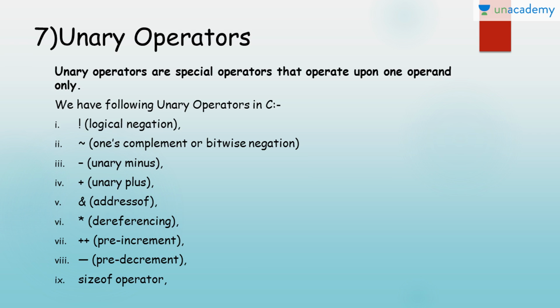We have 9 such operators in C: logical negation, one's complement or bitwise negation, unary minus, unary plus, address of, dereferencing, pre-increment, pre-decrement, which we already learned previously, and the sizeof operator. Actually, address of, dereferencing and sizeof come under the special operators, which we shall teach after unary operators. Now we learn about logical negation, one's complement, unary minus and unary plus.